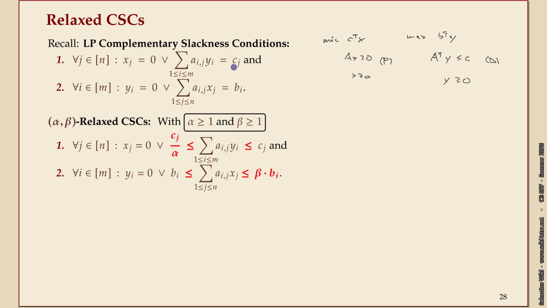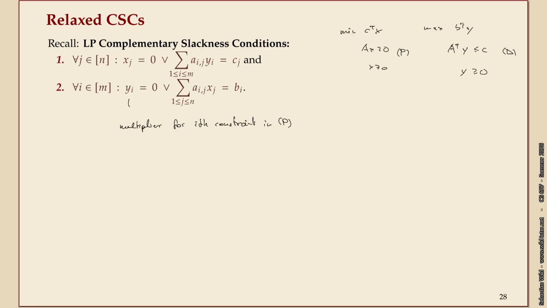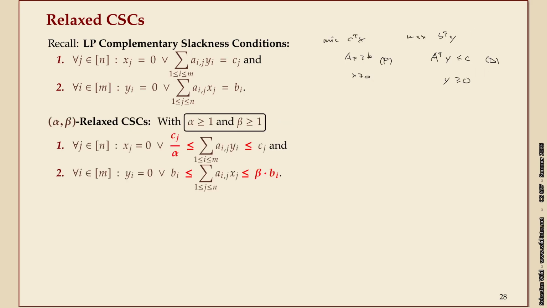It doesn't require equality, it requires it with a slack of alpha. For the second part, that's a b, not a 0. Here you also have the constraint ax greater equal b, but we don't require equality anymore, just not too far away from b, not too much bigger.